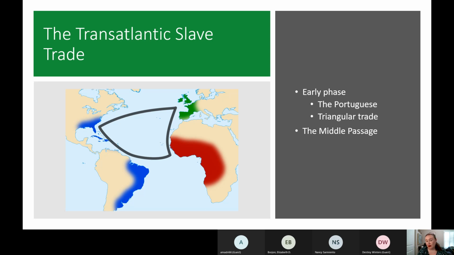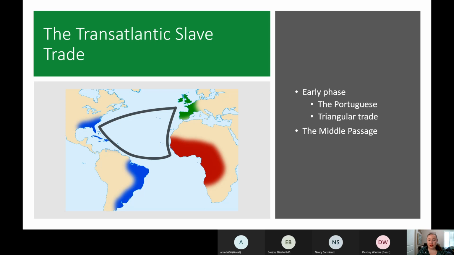Now, when Europeans started making more trade contacts with Africa in the age of exploration, they saw this system of labor and they decided to exploit it by purchasing slaves from Africans who had captured them and then shipping them to various parts.